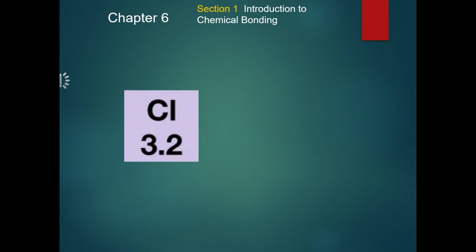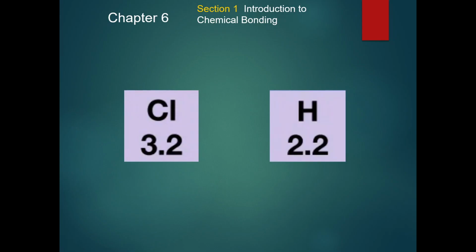For our first example, let's consider the potential bond between hydrogen and chlorine. So here we see that the first element that we are looking up on our table is chlorine, and we see that it has an electronegativity value of 3.2.